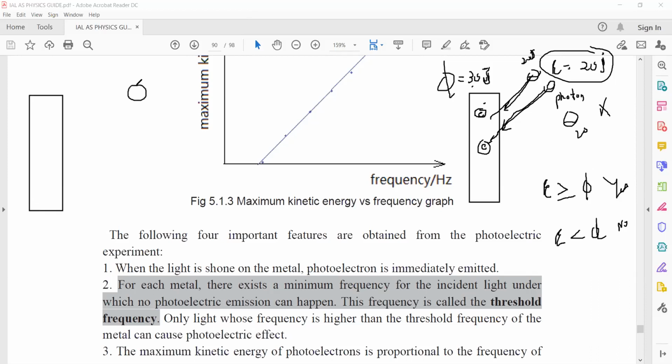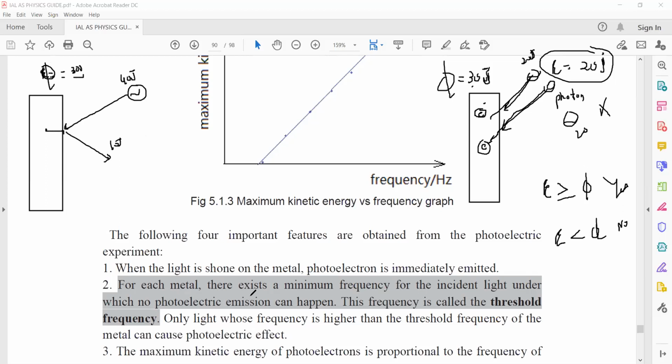So a photon with energy of 40 joules is incident on a metal which has a work function of say 30 joules. What happens? It will be absorbed and the electron will come out with an energy of 10 joules. Why? Because 30 joules is used just to come out and the remaining 10 joules is used as kinetic energy.